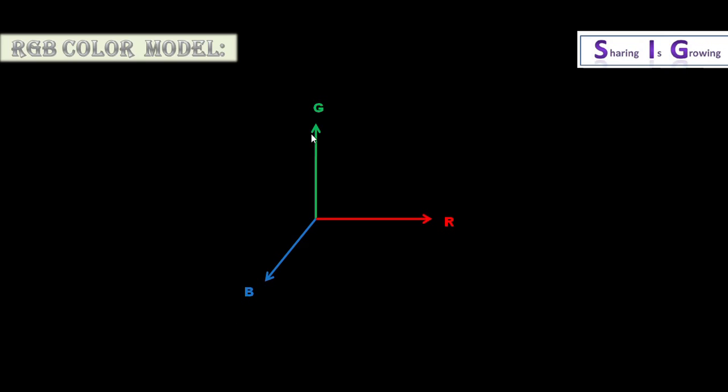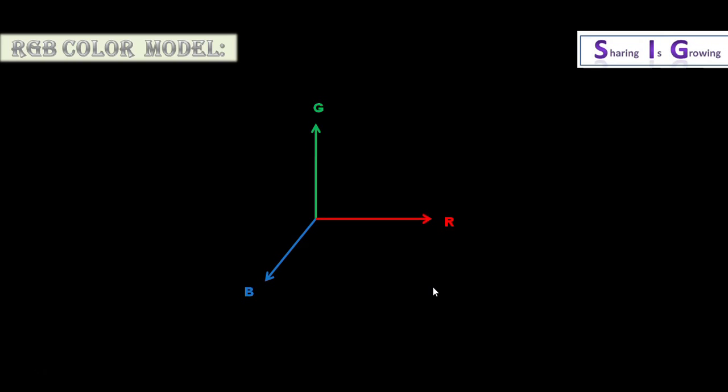Each primary color can take an intensity value ranging from 0 to 255, where 0 is the lowest intensity value and 255 is the highest intensity value. Mixing all these three primary colors at different intensity levels will produce a variety of colors.